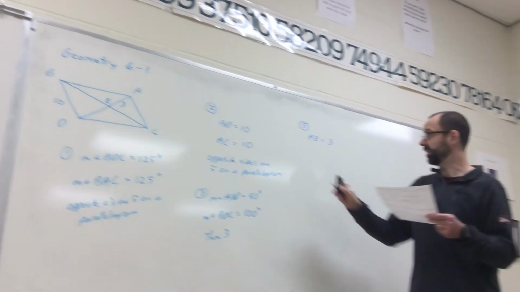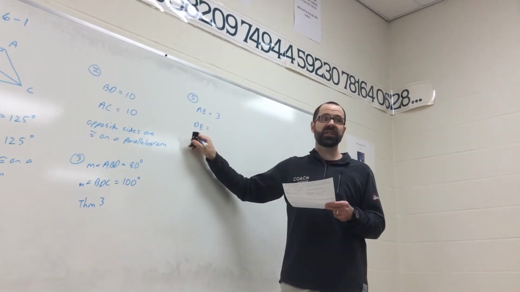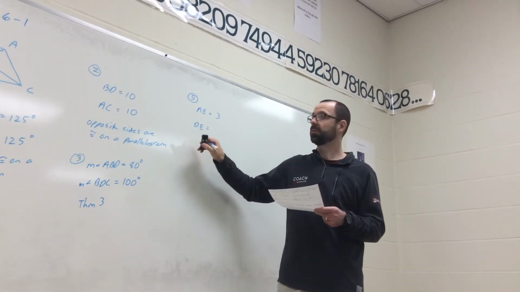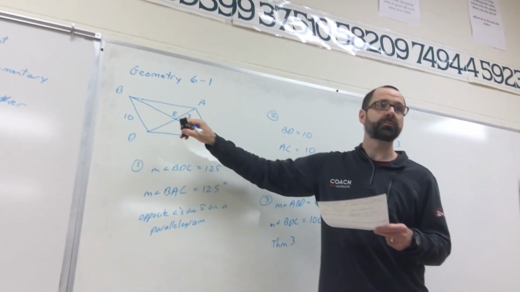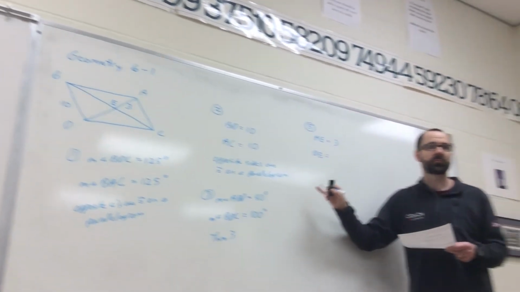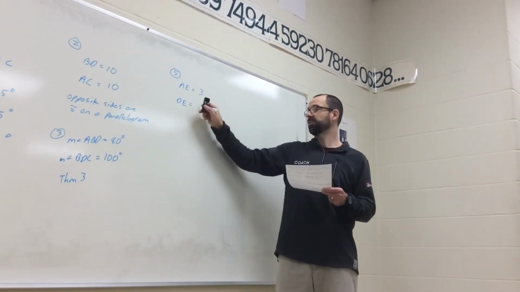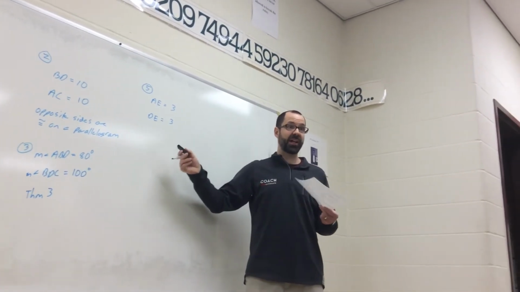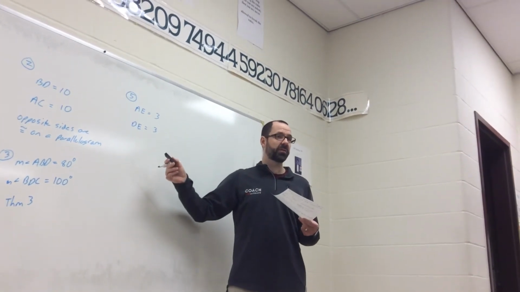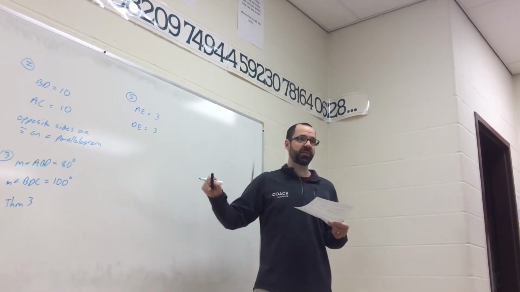And then the question says, find the length of DE. So they want to know how far it is from there to there. Yes, Maddie? It's also 3. And that's because on a parallelogram, the diagonals bisect each other. So if one piece of the diagonal is 3, the other piece has to be 3 also.